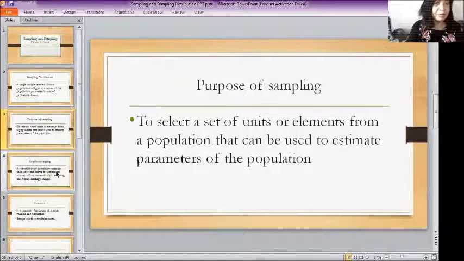When you take the samples from the population, that means it's not biased. The other one, non-probability, is a biased type of sampling, non-random, because all you need to do there is to select, usually by convenience.